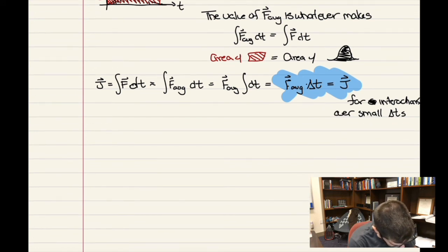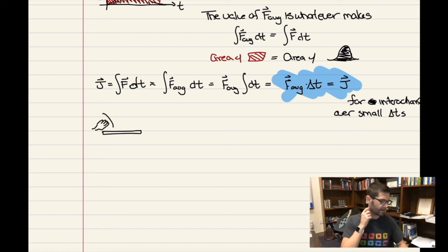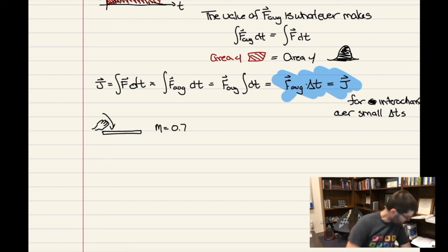All right, so maybe, I don't know, do you chop blocks of wood in Taekwondo? So you have some hand that is slamming down onto a table or a target or a piece of wood. And it's saying that the hand has a mass of 0.7 kilograms. That's the hand.